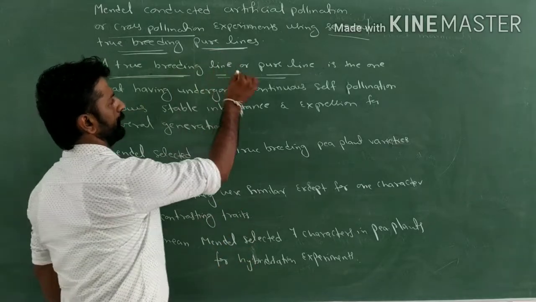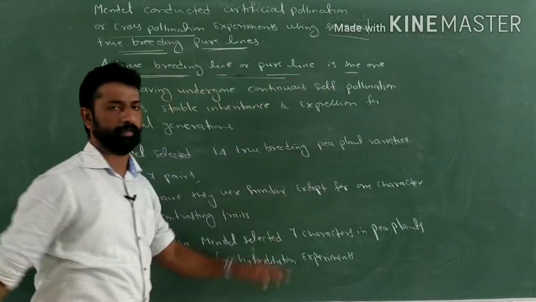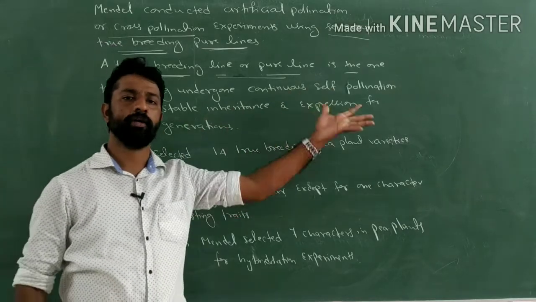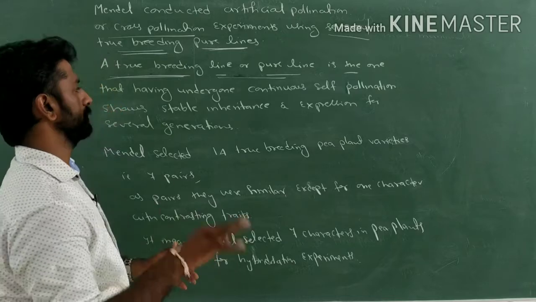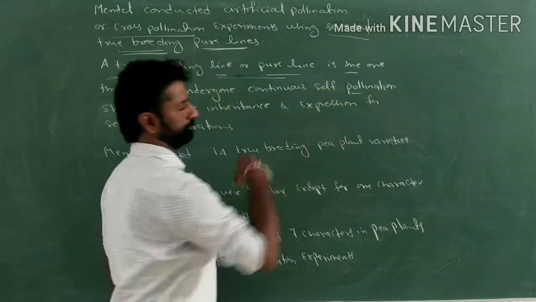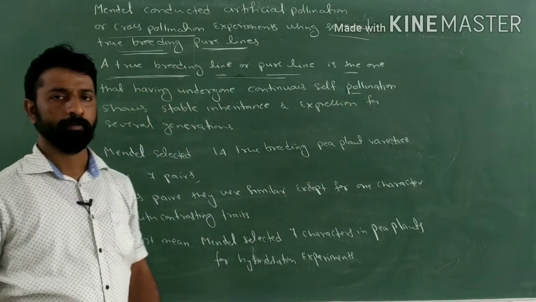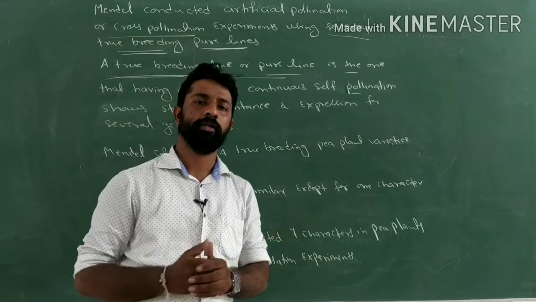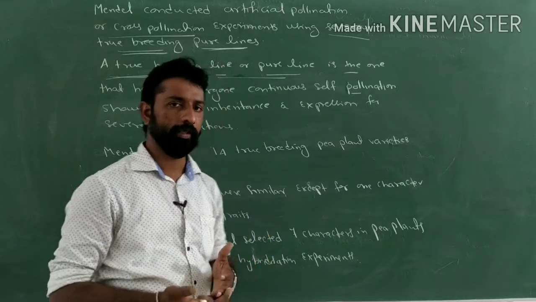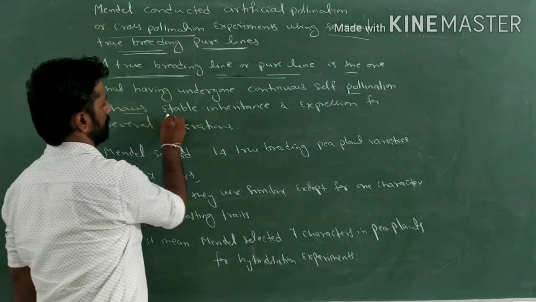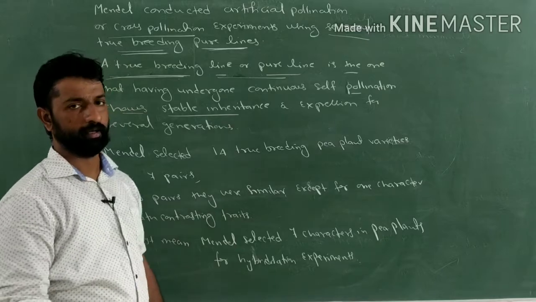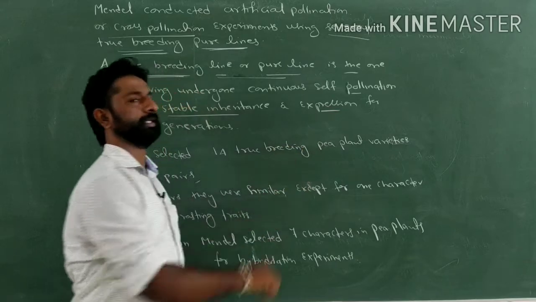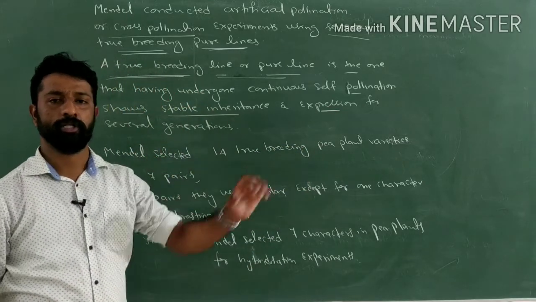A true breeding line or pure line is nothing but the plant or individual which has undergone continuous self-pollination and shows a stable inheritance of the characters and expression of the same characters for several generations.